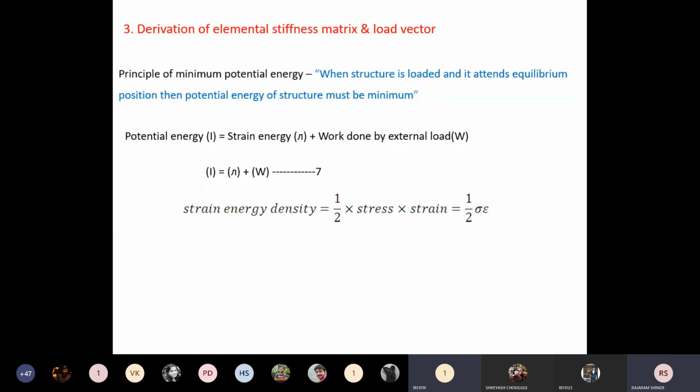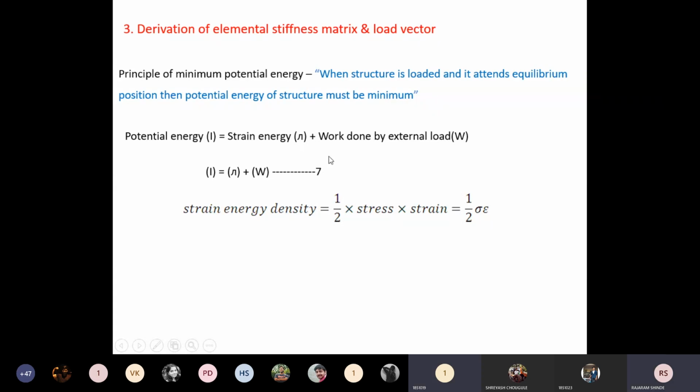Now, when we apply a force on any body, there will be resistance in the body. Am I right? Yes, sir. And that resistance is opposite to the applied force. Do you agree with this? Yes, sir. Now this first energy is developed because of the resistance in the body.